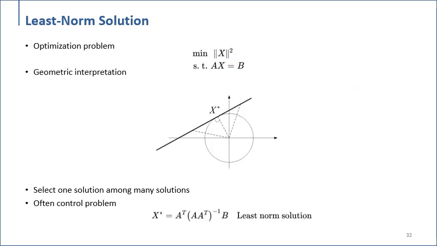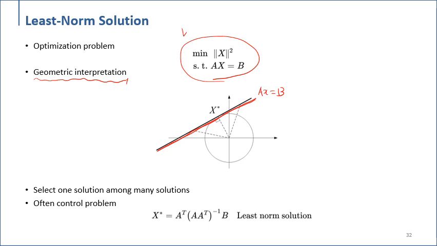So the optimization problem can be written like this, and it can be interpreted geometrically like this. We already know that the solution of Ax = b can be represented like this black solid line.